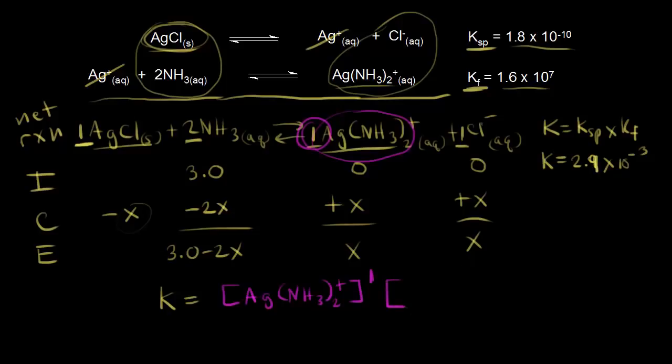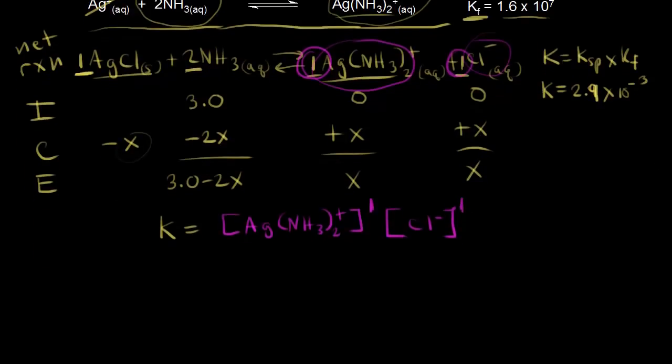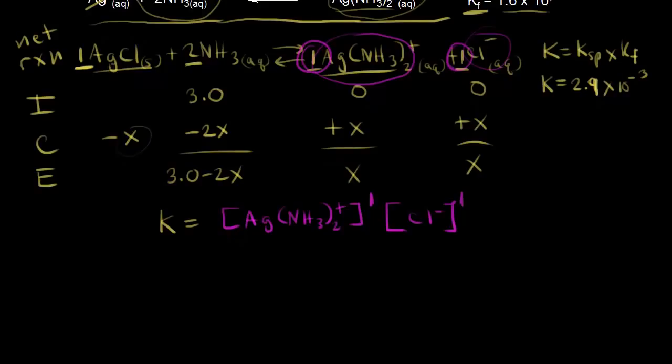This is times the concentration of our chloride anion raised to the power of the coefficient, so raised to the first power. We also have some reactants here, so we leave silver chloride out because that's a solid, right? But we have ammonia, so this is all over the concentration of ammonia. And notice our coefficient is a 2, so we need to have a 2 here.